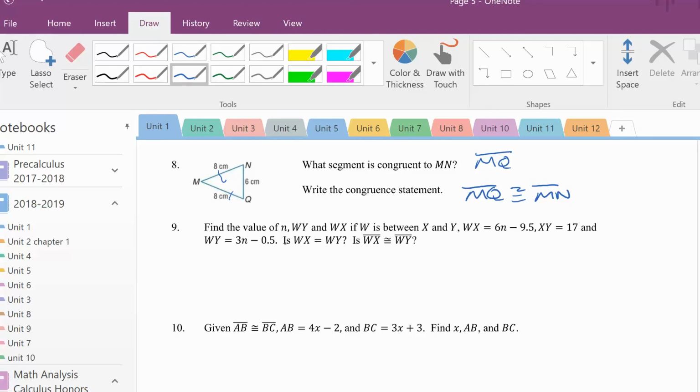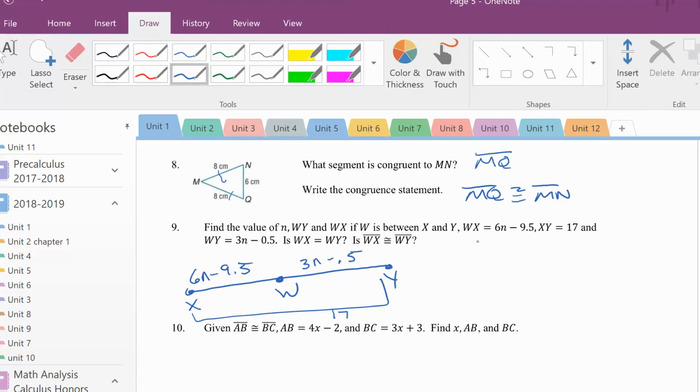So number 9, it says find the value of n, WY, and WX if W is between X and Y. So we'll draw the picture here. So here's X and Y, and here's W. WX is 6n minus 9.5. XY, the whole thing, is 17. And WY is 3n minus 0.5.